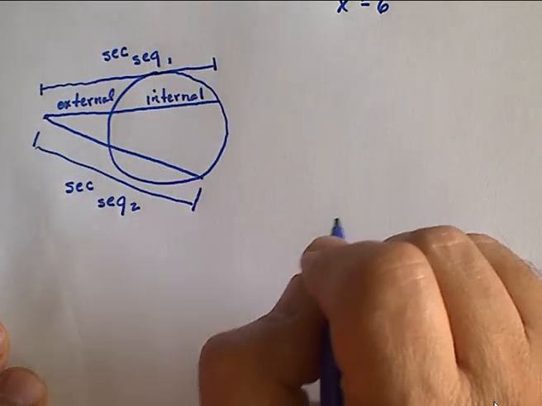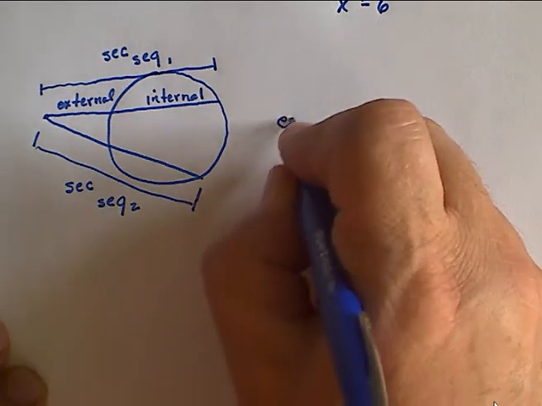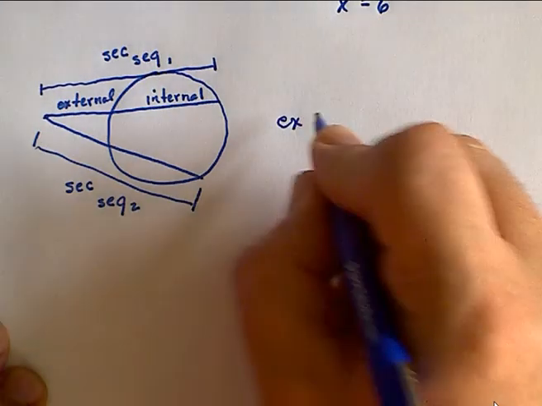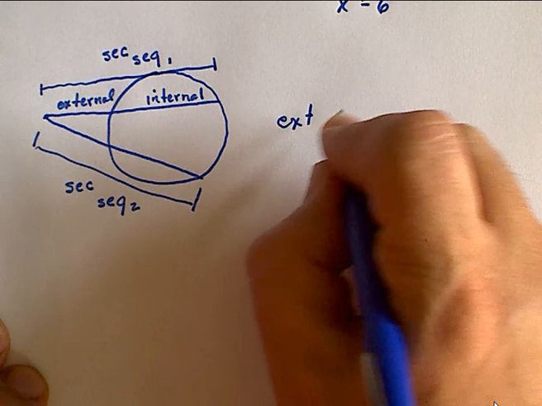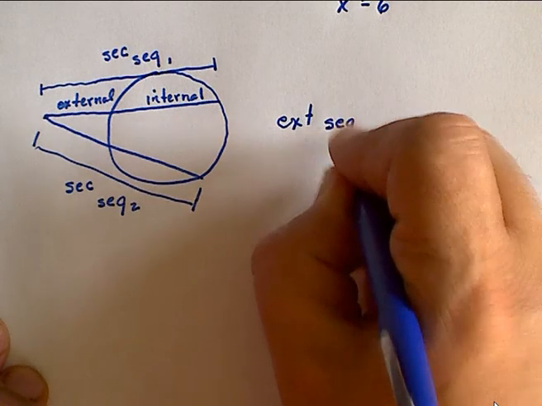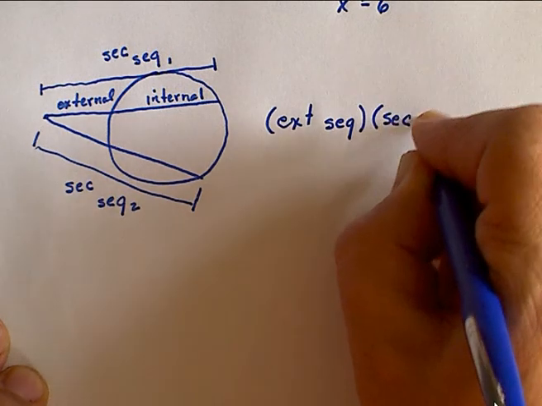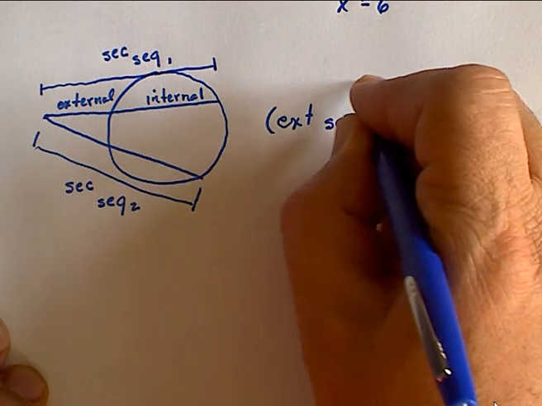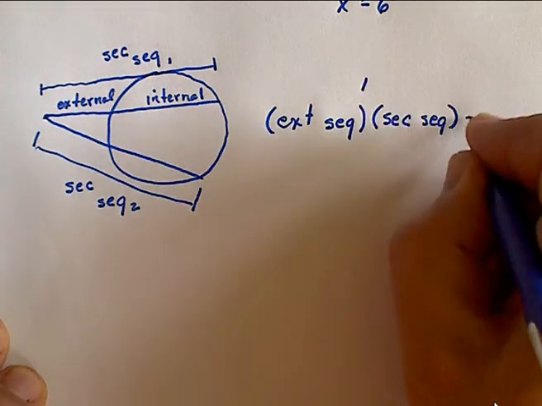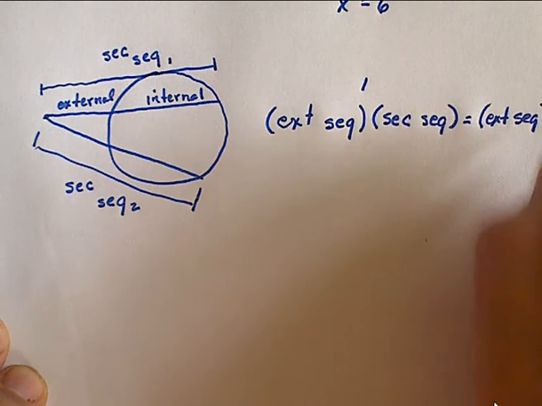Okay, here's what the formula says. If you take the external segment times the secant segment, this is for number 1, it must equal the external segment times the secant segment of number 2.